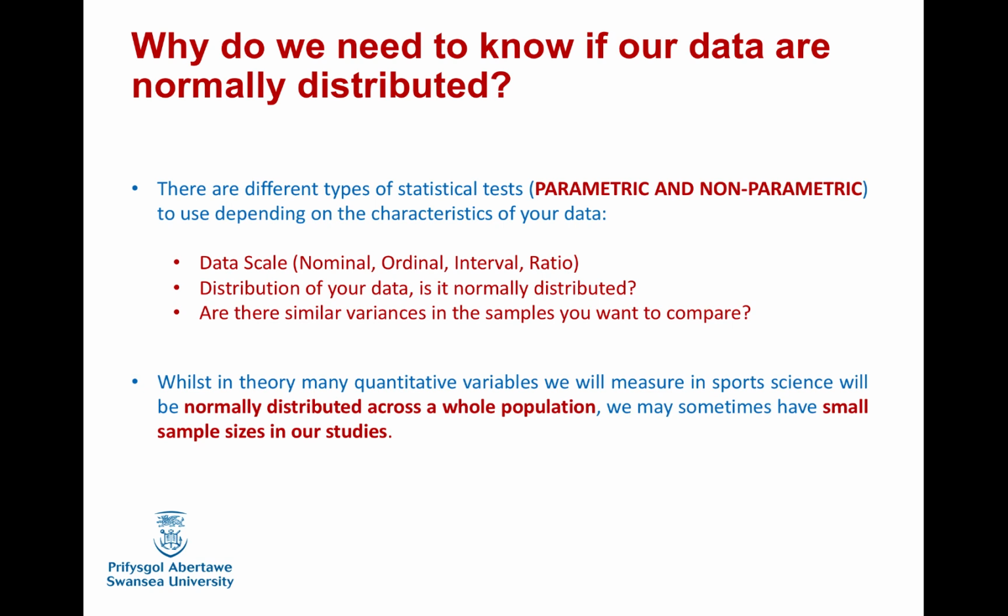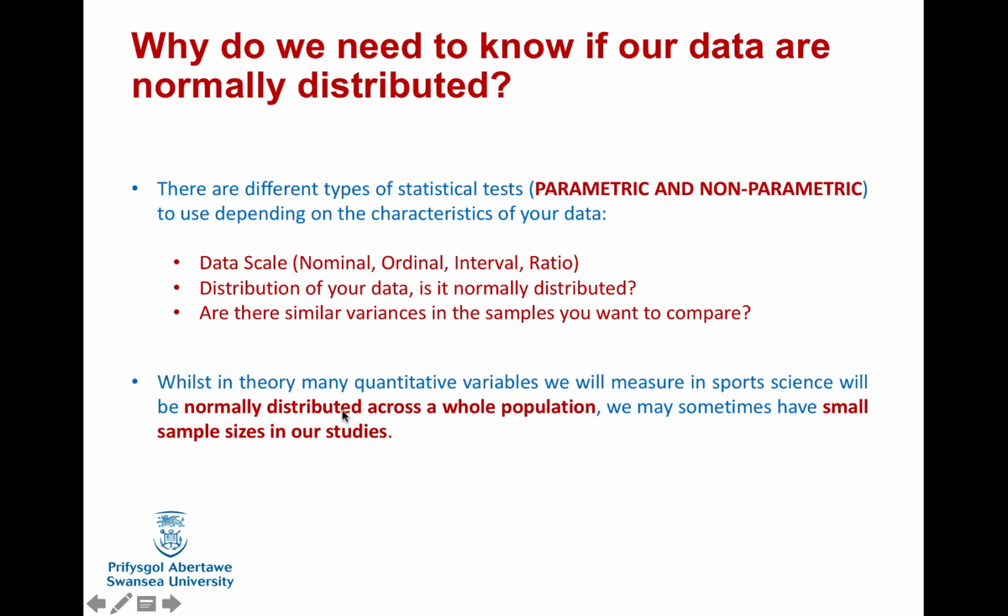And of course, whilst we might be able to say in theory that many of the quantitative variables we would measure in sports science will be normally distributed across the whole population, when we carry out studies or experiments in sport and exercise science, we will always be dealing with samples, and we might have a case where we have fairly small sample sizes.